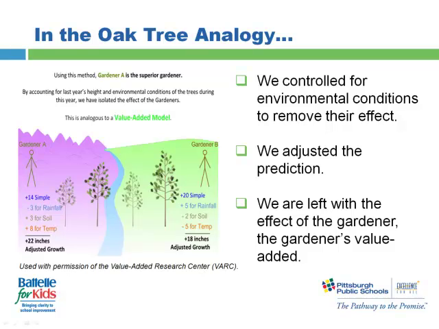By looking at the actual growth minus predicted growth, we could measure the effect each gardener had on the growth of trees in his care. With this measure, we saw that Gardener A was more effective at growing trees. This is essentially what value added is. Value added measures the effectiveness and contribution of schools and teachers on the learning of students.